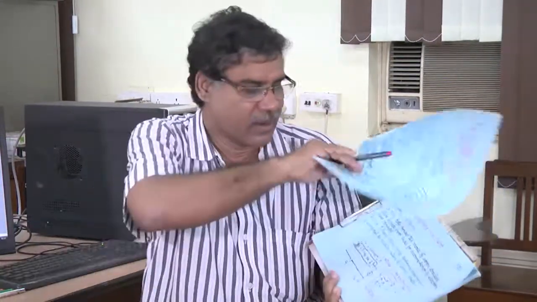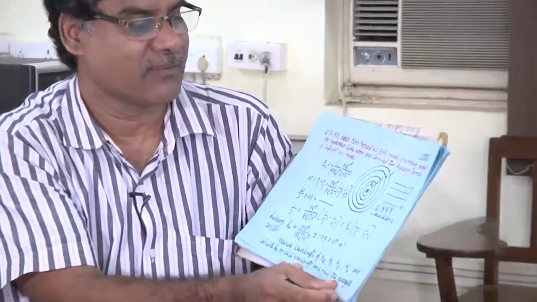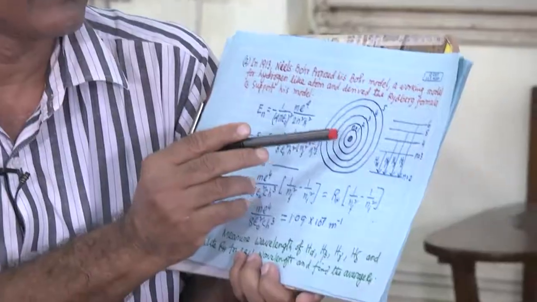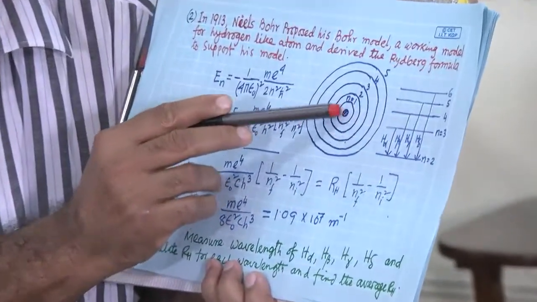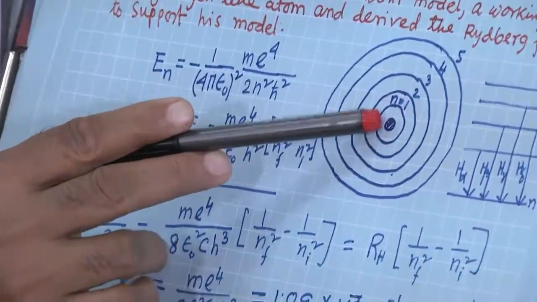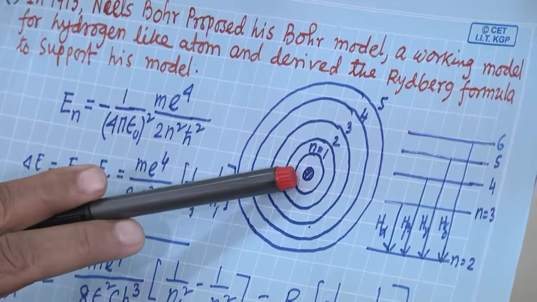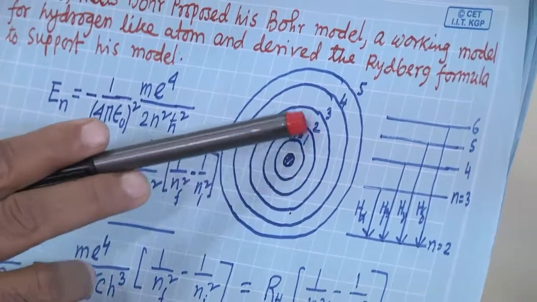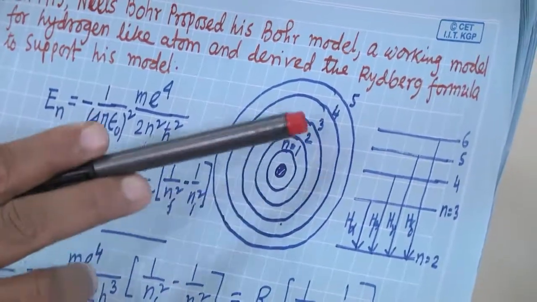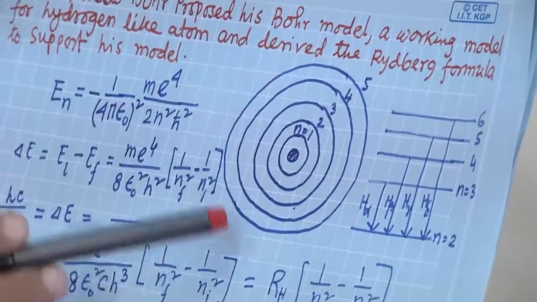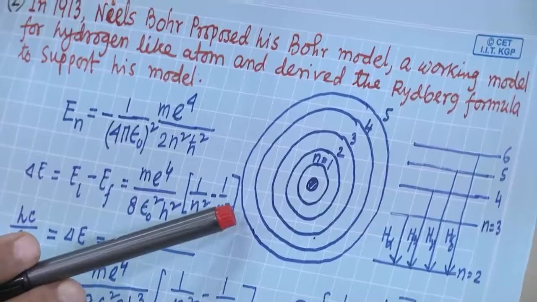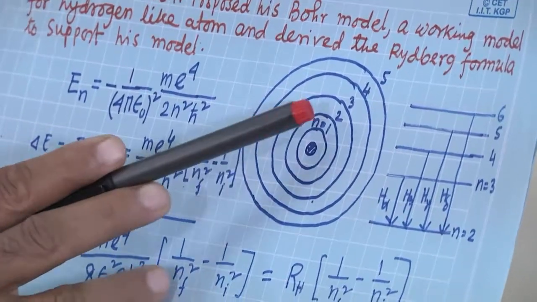Actually, you can think of it like this: the positive charge is concentrated at a particular region, and that is the nucleus. Around the nucleus there are energy levels, circular orbits or shells.